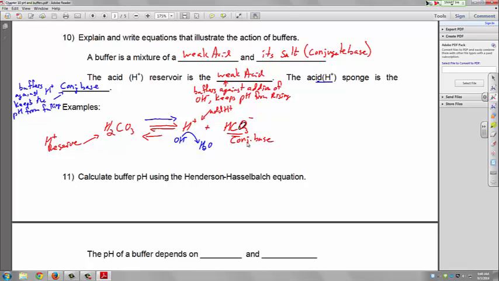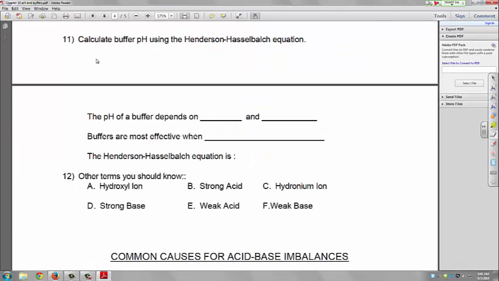The source for this conjugate base is not here per se, but in a buffer. This comes from the salt. And in this case, maybe the salt is sodium bicarbonate or baking soda. Calculate buffer pH using the Henderson-Hasselbalch equation. The pH of a buffer depends upon two things.